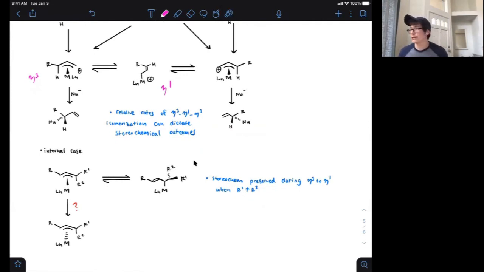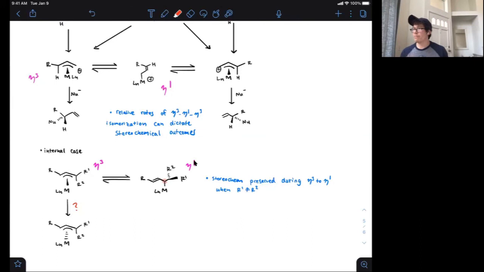Now the internal case is a little bit different, because when you undergo the haptotropic shift from eta-3 to eta-1, you still maintain point chirality at your carbon-metal bond.